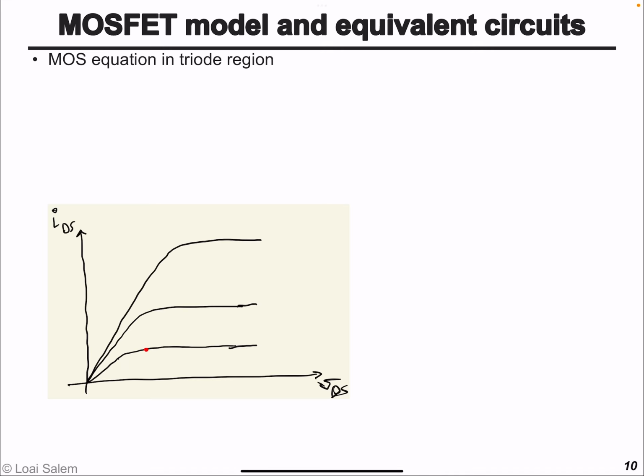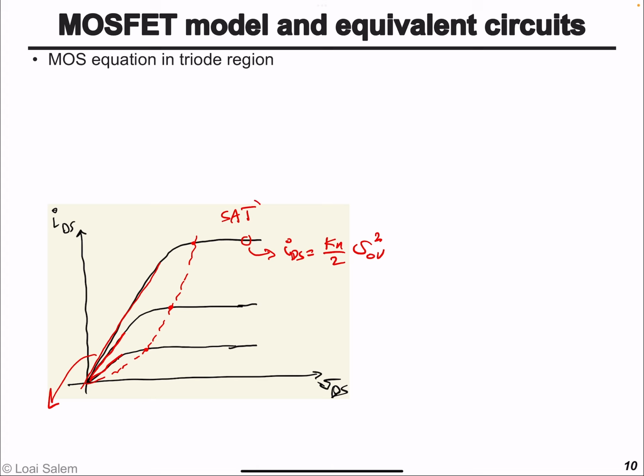So now we know the equation and the equivalent circuit that models the transistor in the saturation region. The current of the transistor is given by IDS equal to Kn divided by 2 times V overdrive squared. In deep triode region, the transistor essentially behaves as a resistor.